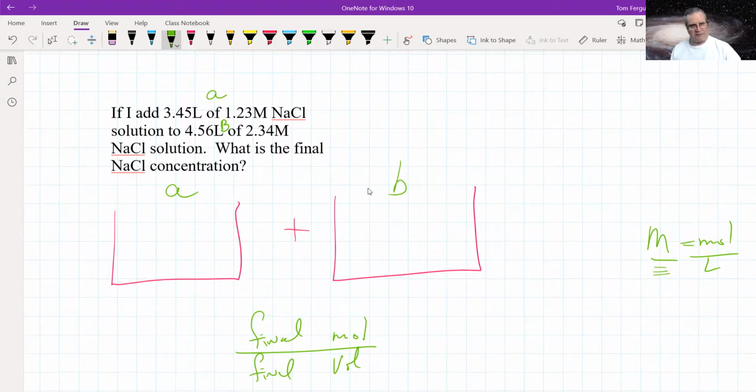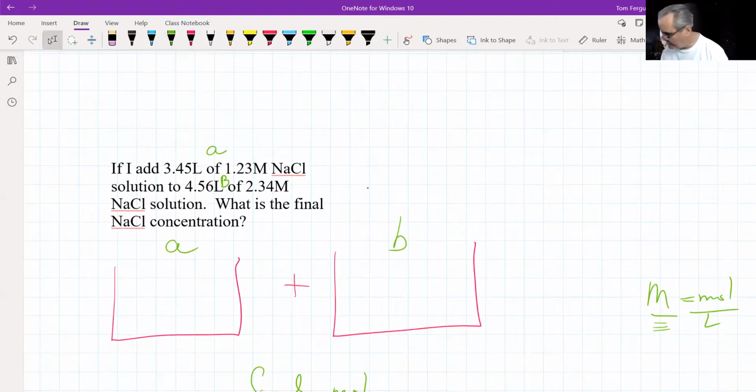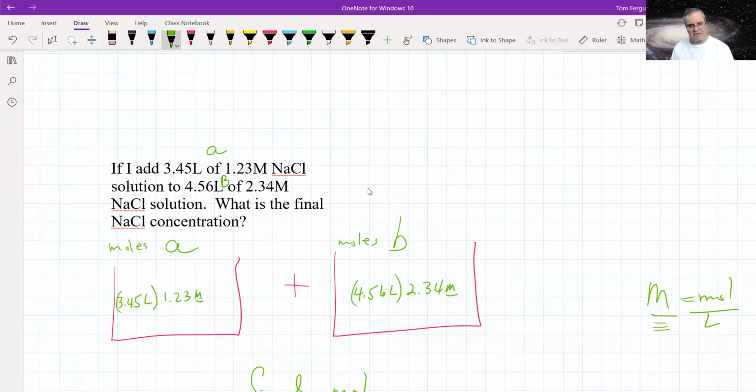Well, remember how we did moles up here, MV. So MV for A is going to be, MV for B is going to be, and this will give us moles of A, moles of B. Add those together.